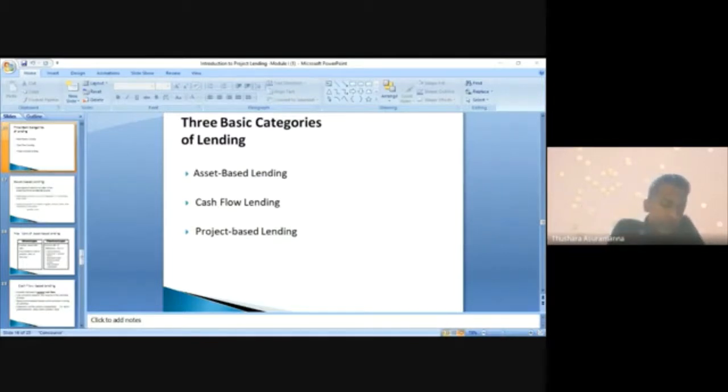When you say present cash flows, you are basically worried about the customer generating cash, maybe in the near future or maybe immediately. Then your loan is decided, set, and structured based on those cash flows.